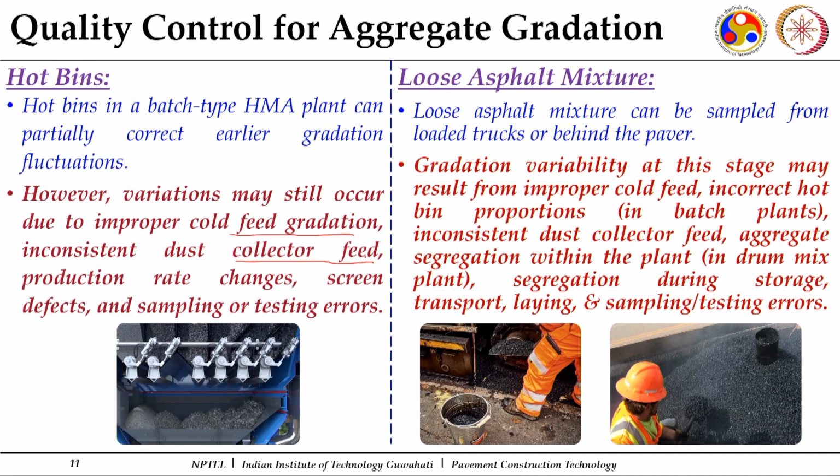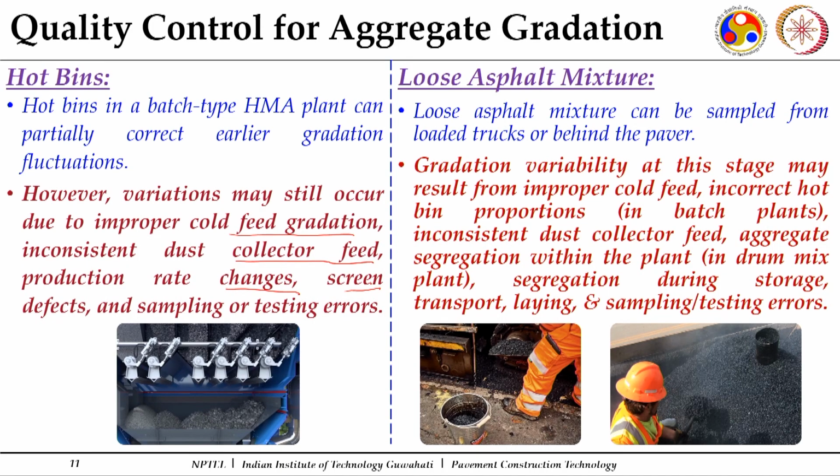This is important, because the dust collected from your primary and secondary collection system, how it is getting fed back to the aggregates, is important. Production rate changes: if the production increases or there is a change in the production rate, then the screening efficiency gets changed. So, this is another aspect. Screen defects: if defects arise in some of the screens, then also this may happen. And sampling and testing errors are there.